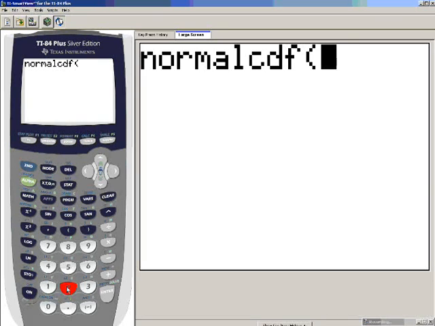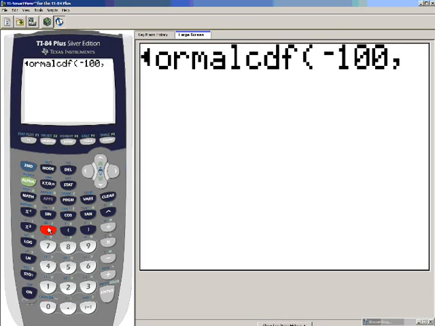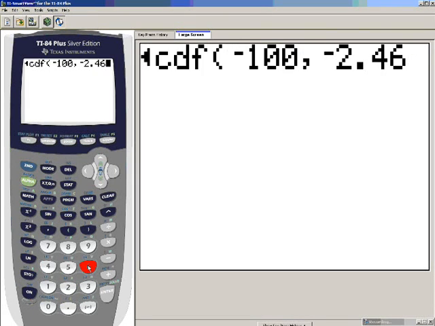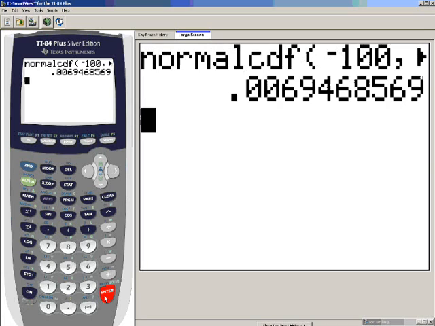But when we're talking in terms of a normal distribution, and this is going to work for all the distributions you're talking about, go out to negative 100, and up to positive 100 if you were talking an area to the right. So you set your left bound and your right bound, which is the negative 2.46. Hit enter. And there's the same value that you got from the table.